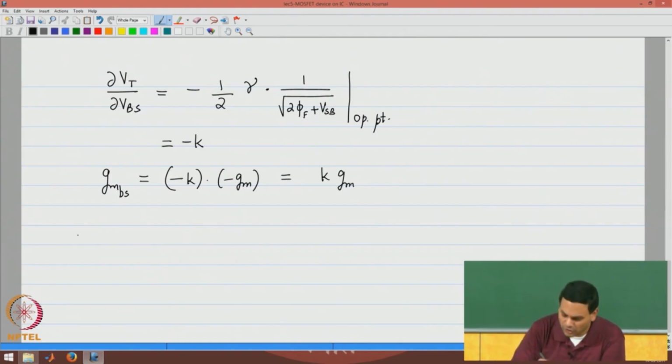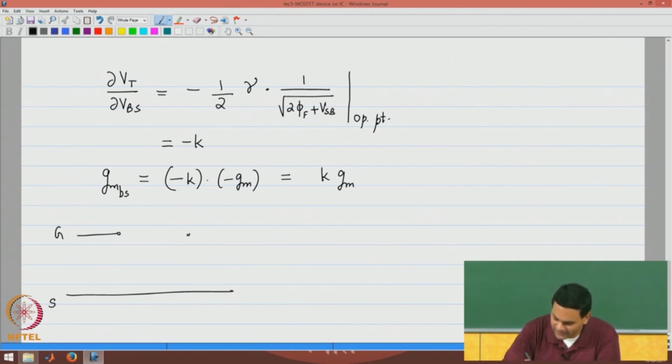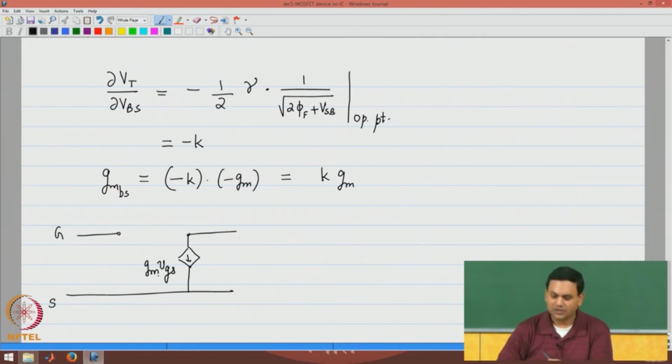If I were to now draw the incremental equivalent circuit of the device, I have the transconductance of the device Gm times VGS. I have the small signal RDS of the device representing the dependence of ID on drain voltage.